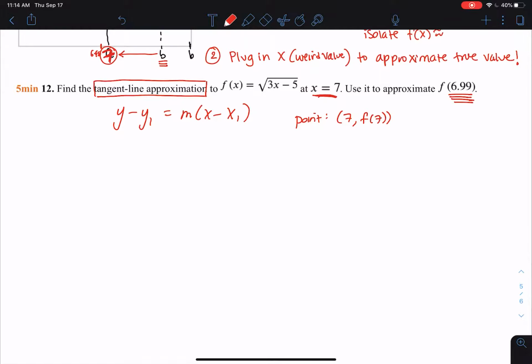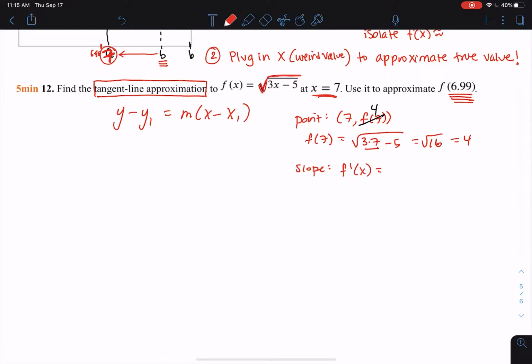First, let's find our point. Plugging in 7, 3 times 7 is 21, minus 5 is 16, square root of 16 is 4. So that was pretty easy. We found our point. Next, let's find our slope. For the slope, I know I need to take the derivative, and we have a square root and then a complicated inside function.